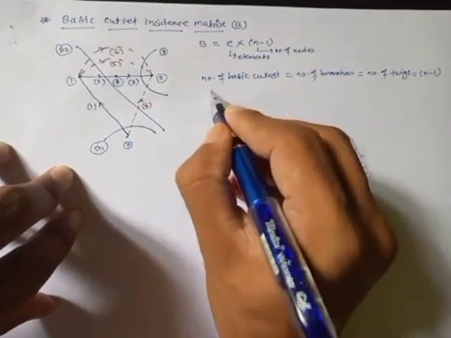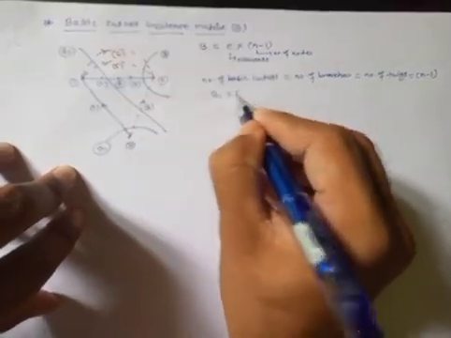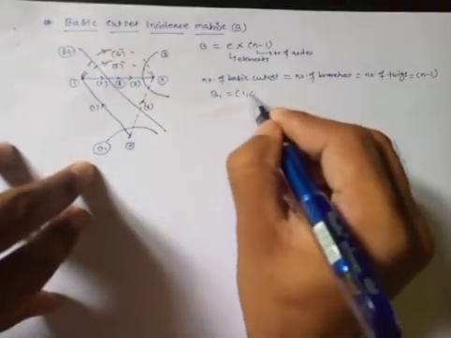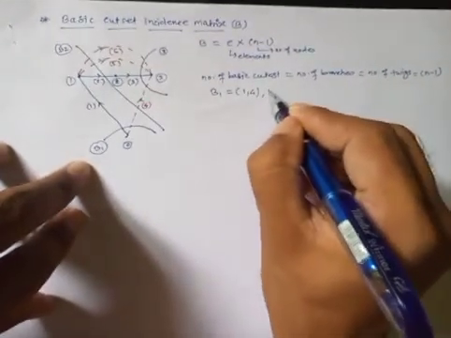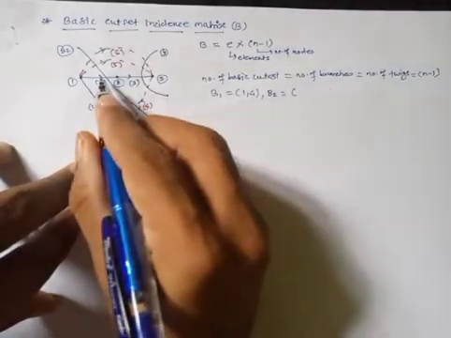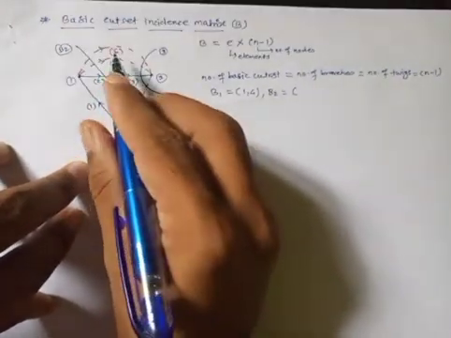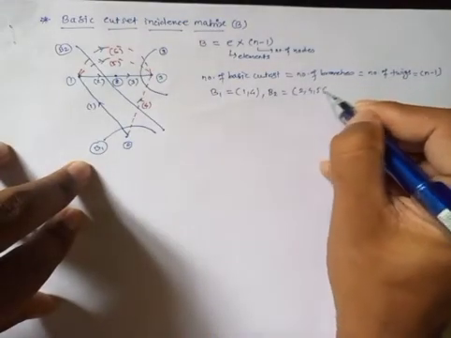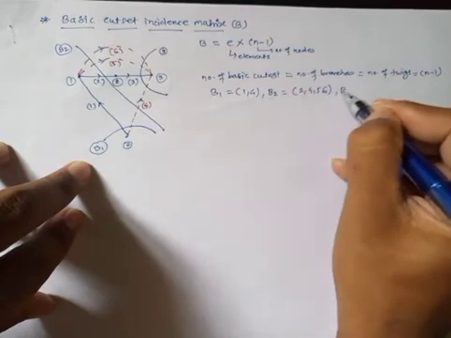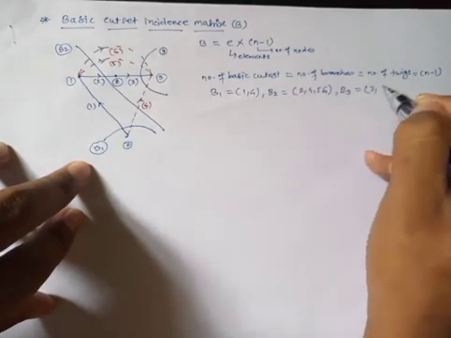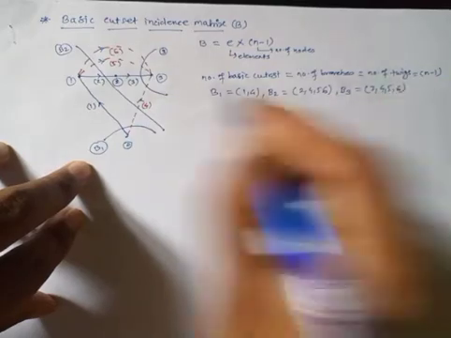So here the first cut set will be B1, which consists of how many elements? 2 elements only, that is 1 and 4. Then the second cut set will be B2, which consists of 2, 4, 5, 6. And the third basic cut set B3 will be 3, 4, 5, 6.